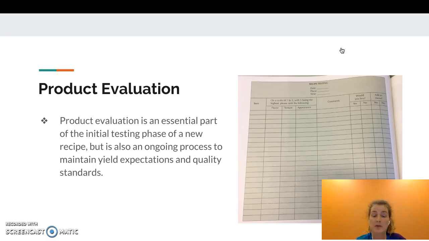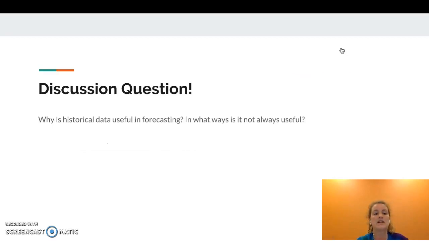It's from the book, and it's a perfect example because it has the item, you rank the flavor, texture, and appearance, put your comments, decide whether you should buy it, and whether you think it should be added to the menu. This sensory analysis testing is done by a team or panel to judge quality characteristics in the interest of the customers.